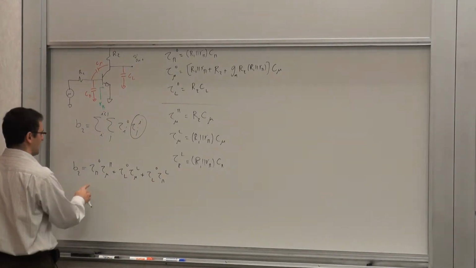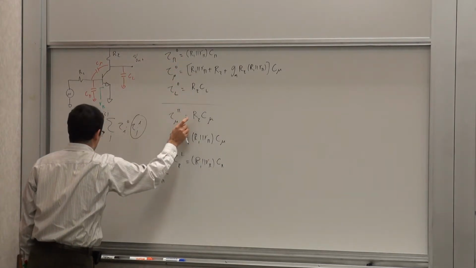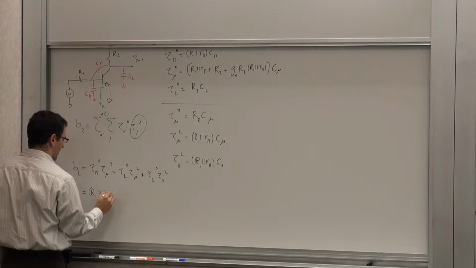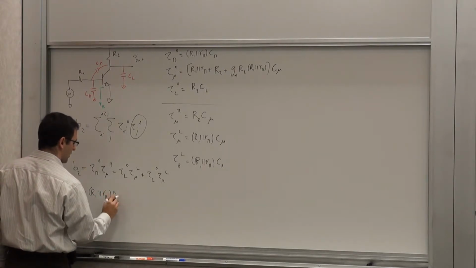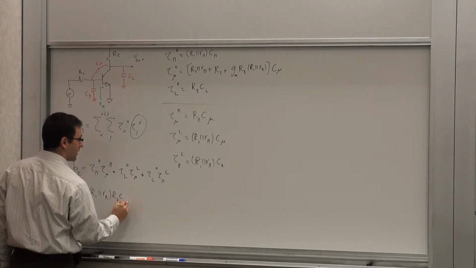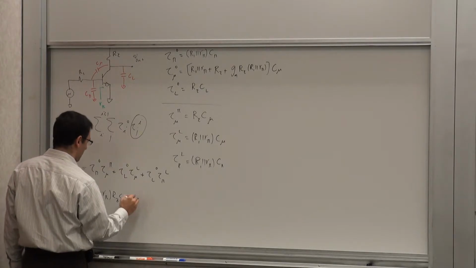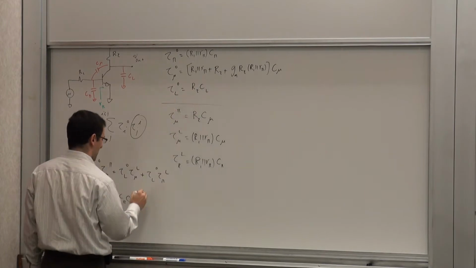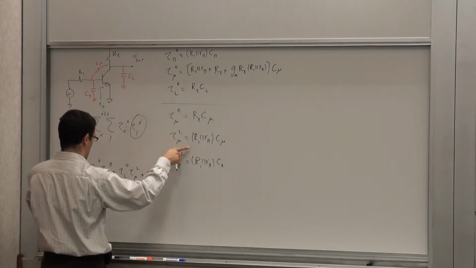Okay, so this product is this guy times that. So it's R1 parallel R pi, R2, C pi C mu, plus this one is tau L 0, so it's R2 times this guy.